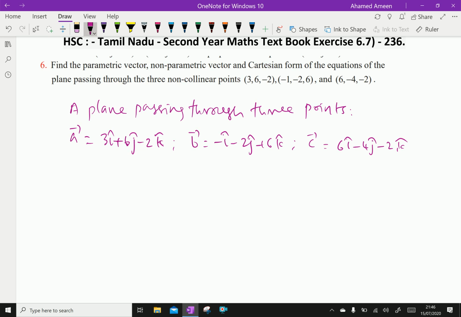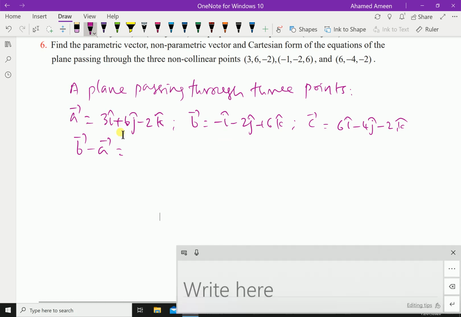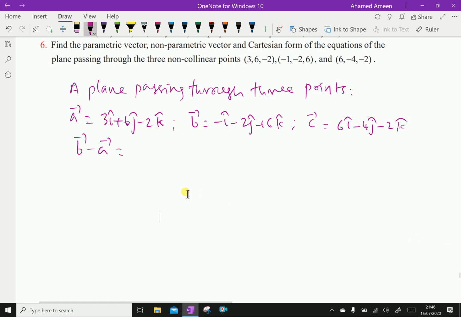Now let us find first B minus A. B minus A: minus 1 minus 3 is minus 4i, minus 2 minus 6 is minus 8j, and 6k minus of minus 2 is plus 8k.